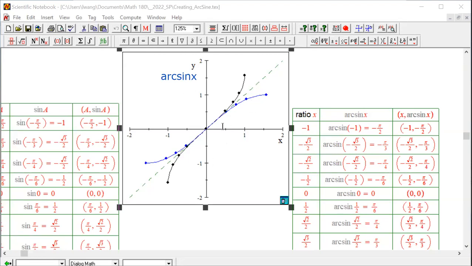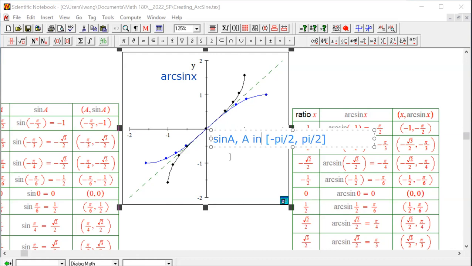But the blue one, as a sine function, the description for this sine function is going to be sine x, okay, with negative pi over 2 less than or equal to x, less than or equal to pi over 2, bracket, where I can use a, right, to emphasize that a is in this interval.